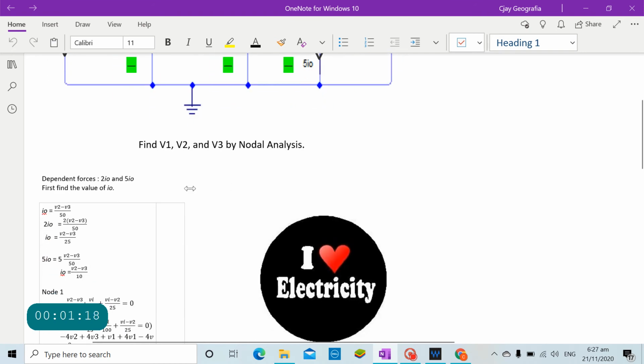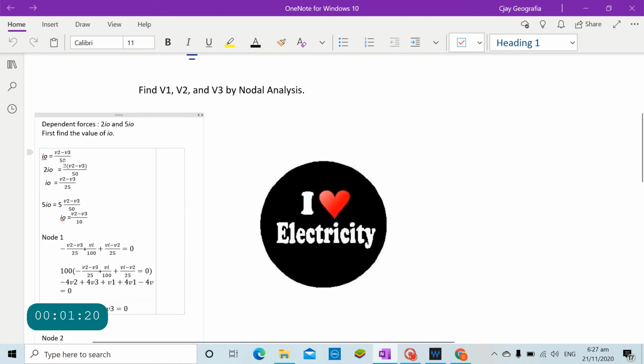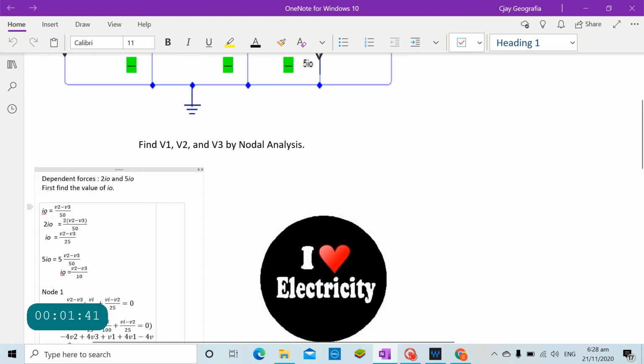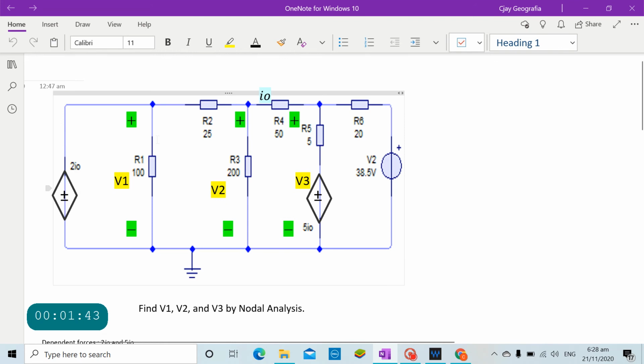So here we go. This is our solution. First thing, we have to find the value of IO, the dependent source. As you can see, this is current controlled, and the sign is I, which means current. So first, we have to look again at the diagram.